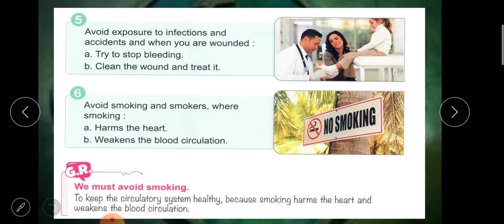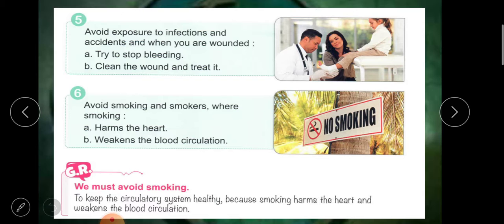So this is the opposite of exercising. If you are being with smokers, we call it a passive smoker. Passive smokers means you are not a smoker, but you are staying with someone who smokes. This causes what? This harms the heart and weakens the blood circulation. It makes it weaker.